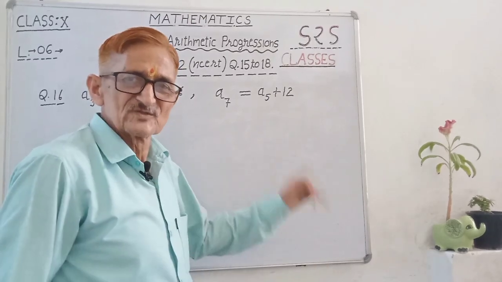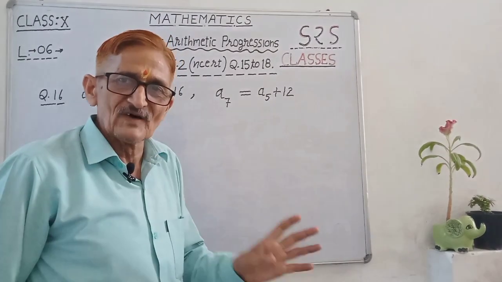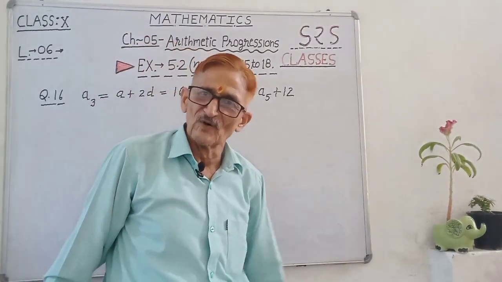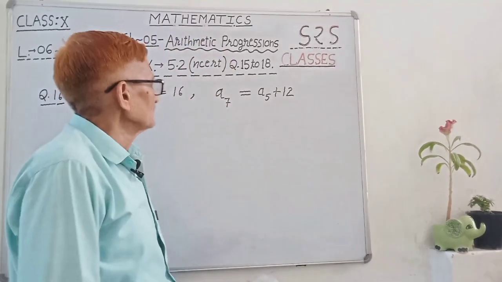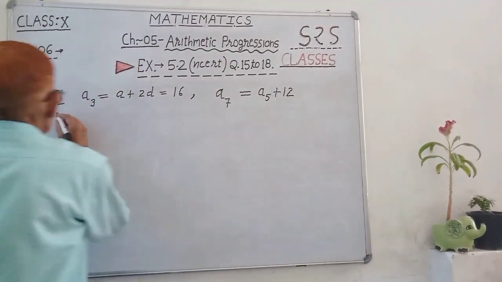So fifth term is smaller. So then when will they be equal? If we are adding to the smaller, how much difference? That is 12.